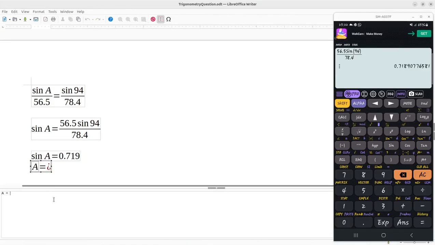Then let's find A. A will be equal to arc sine 0.719. On your calculator, put this number as it is. Avoid premature rounding.